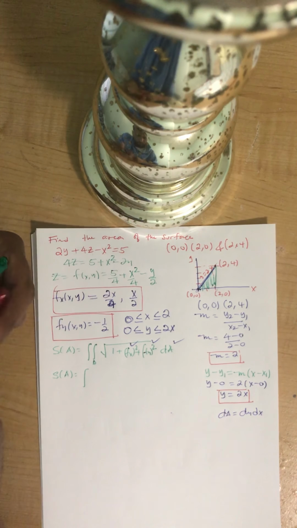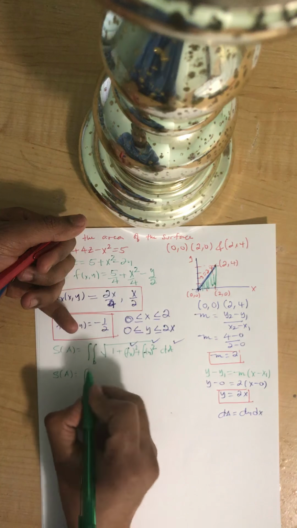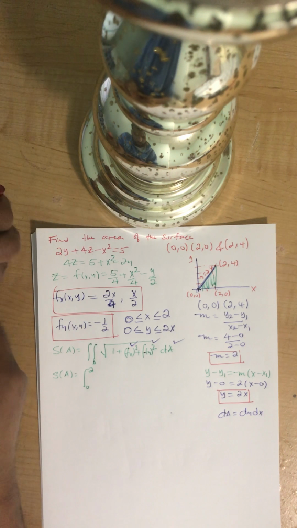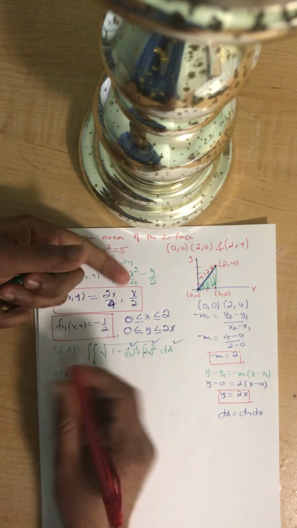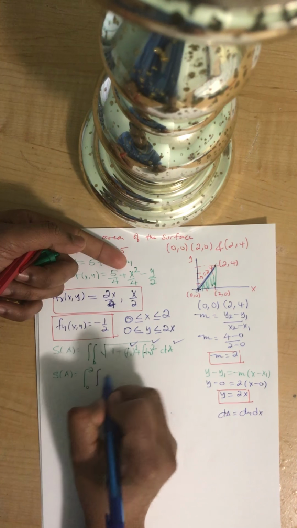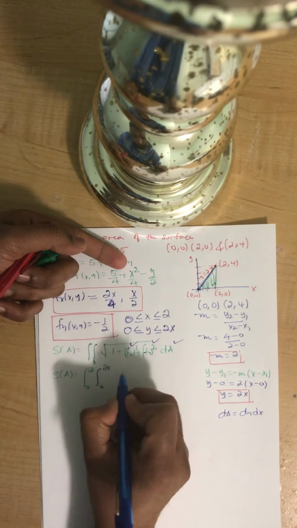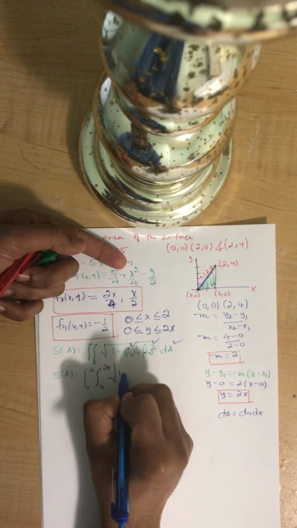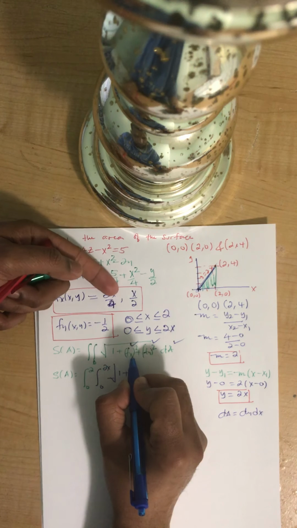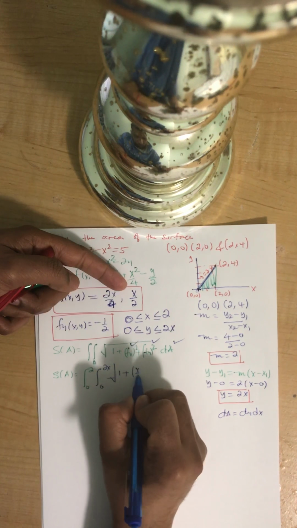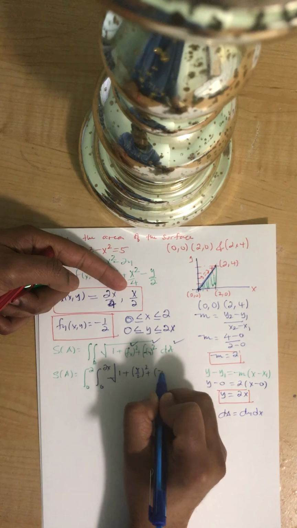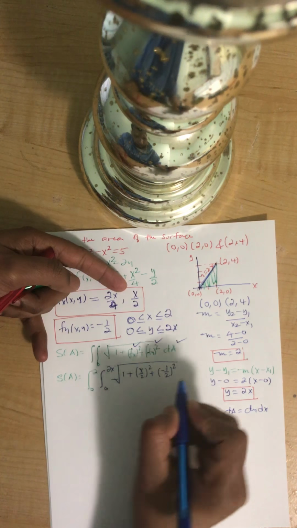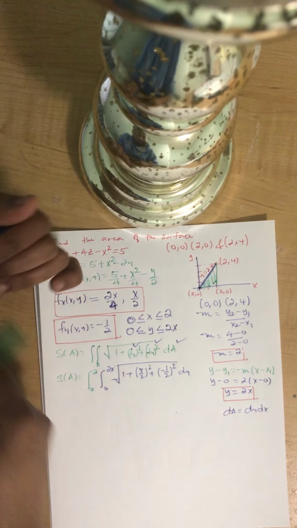Okay, so my boundaries for x are 0 and 2, and for y are 0 and 2x. 1 plus my partial derivative with respect to x, which is x over 2, the whole square, plus my y, which is minus half, the whole square, dy dx.